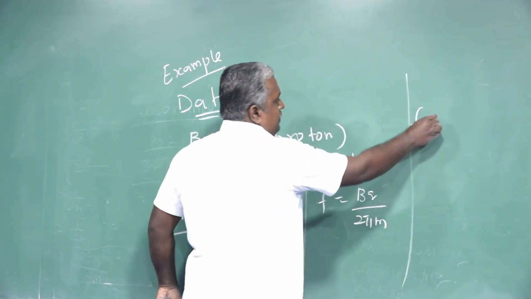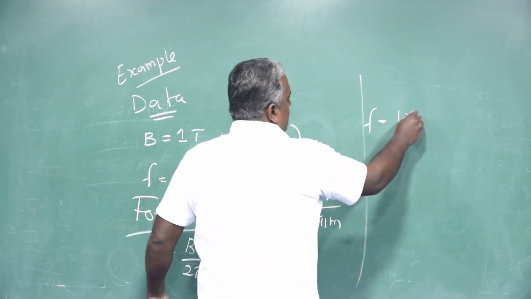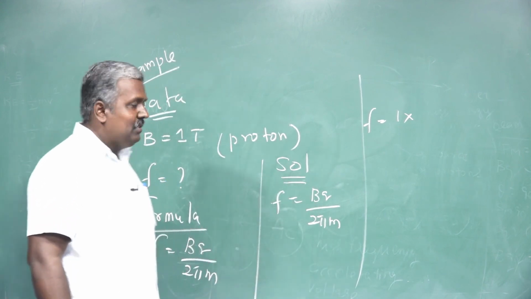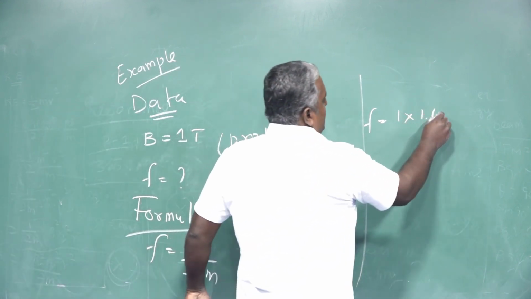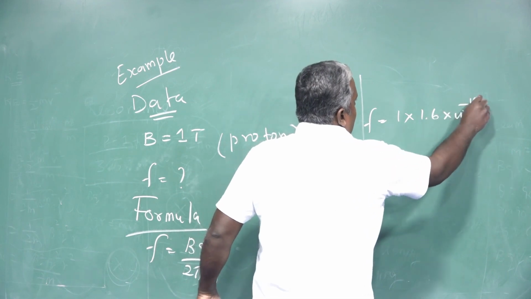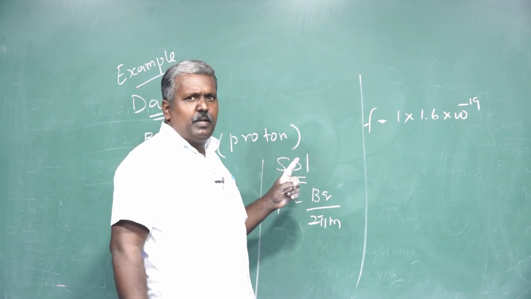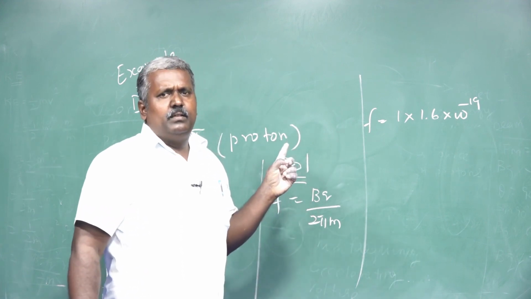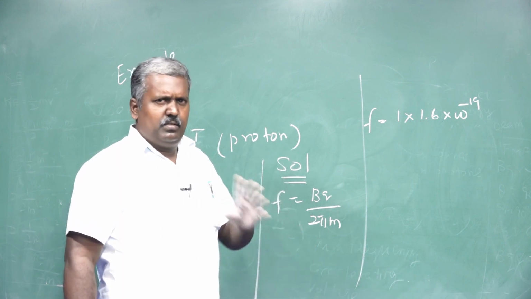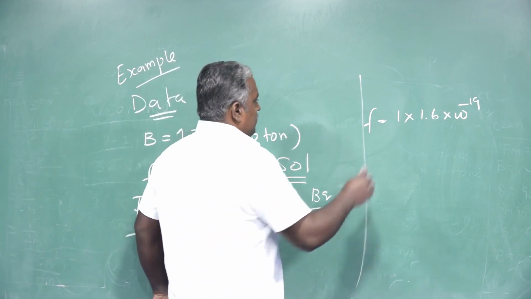B is 1. Q is the charge, here the charge of a proton, 1.6 into 10 power minus 19 coulomb. For a proton, that means plus 1.6 into 10 power minus 19. For an electron, negative charge, but the magnitude is the same, minus 1.6 into 10 power minus 19 coulomb. But here it is a proton.